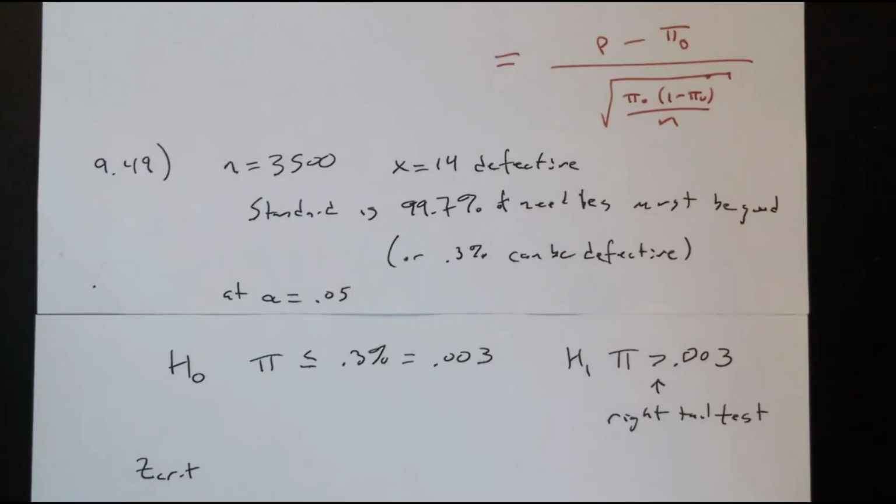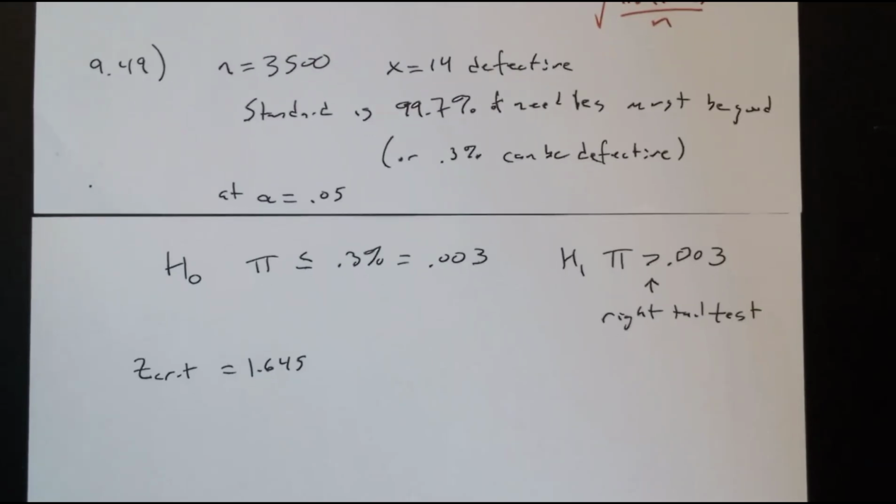What is the critical value for Z? One tail. Bing! 1.645. If it was two tail, I'd be using 1.96. If it's one tail, it's 1.645.